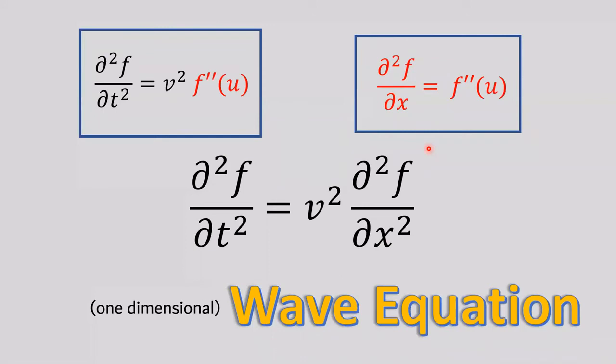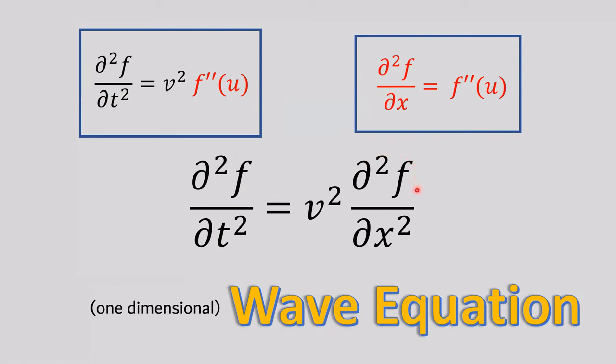It relates the second derivative with respect to time of the height of the curve to the second derivative of the height of the curve with respect to position. And since second time derivatives involve acceleration, what we've really done is relate the acceleration of a particular particle in the string, let's say, to the curvature of the profile of that string.